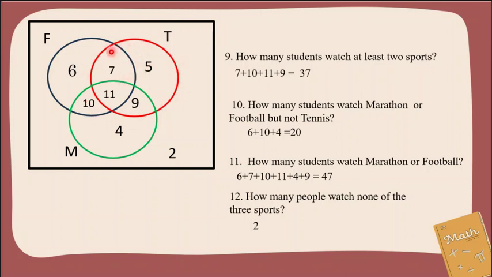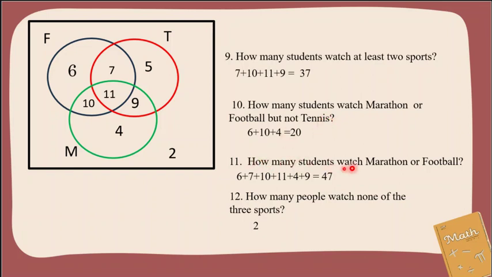So all these people, we want to exclude. Then you'll be left with marathon and football. So that will be 6 plus 10 plus 4. We are adding 6 and 4 because of the word or, because the or suggests that we should look at either football or marathon or both. So 6 plus 10 plus 4. Those are the people who watch marathon or football but not tennis, making 20.